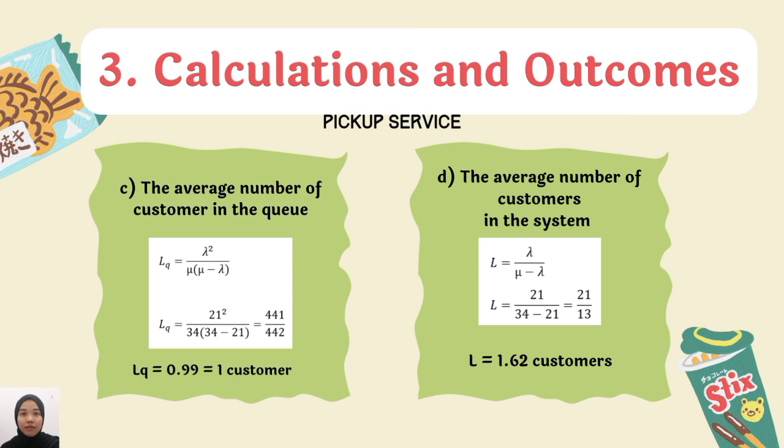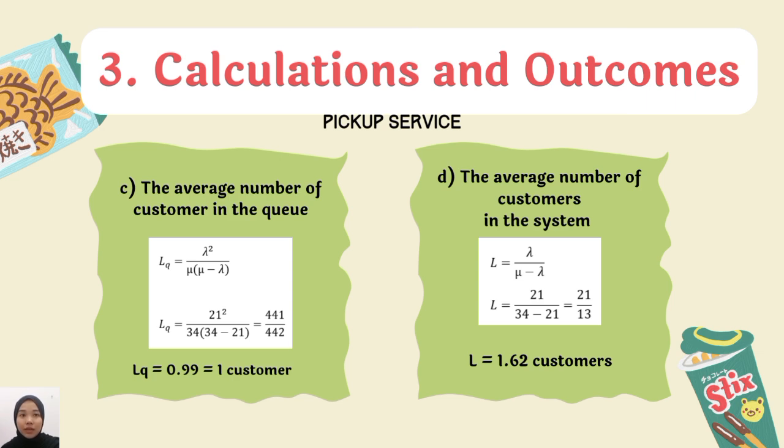Besides, to find the average number of customers in the queue, we can use the formula LQ equal to lambda square over mu in bracket mu minus lambda, and we substitute the values of lambda and mu into the equation. We will get LQ equal to 441 over 442, which we convert into decimal, we get 0.99, which is almost 1 customer.